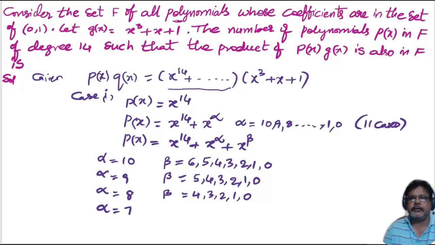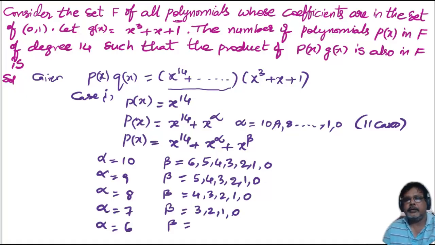Alpha value 7, so beta value is 3, 2, 1, 0. Alpha value is 6, so beta value will be 2, 1, 0.